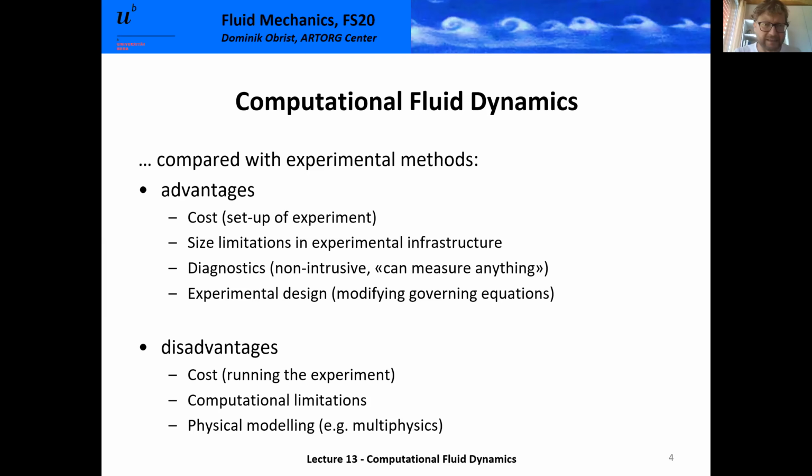And then finally, the physical modeling itself. Whenever we do a CFD code, we require a set of governing equations, like Navier-Stokes. So as long as we accept that we have a fluid which behaves like a Newtonian fluid and the flow is incompressible, we're pretty safe with the Navier-Stokes equations, and that's not a problem.